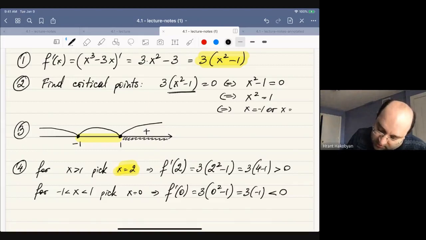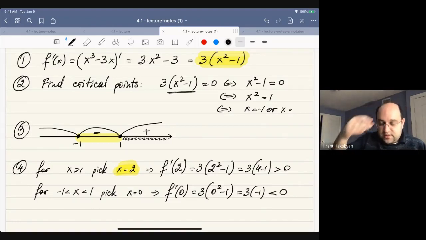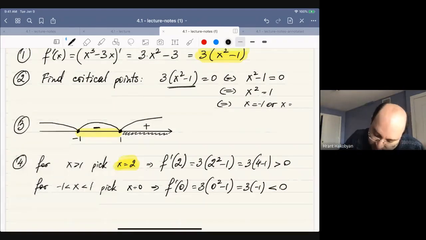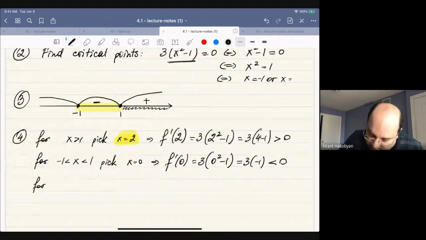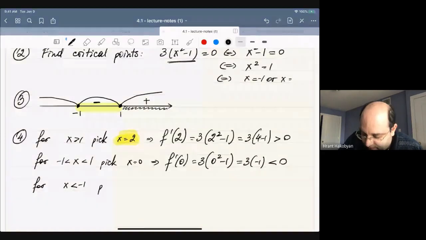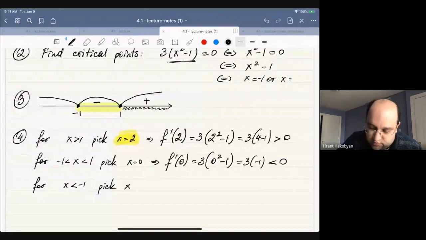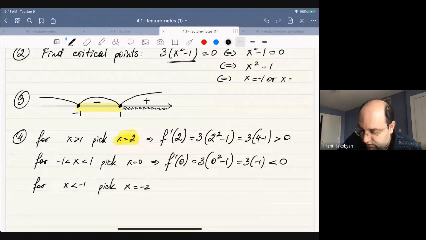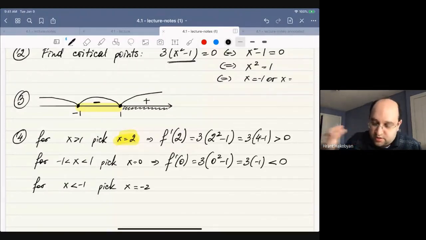So that means in here I have negative. So the function is decreasing in the interval from negative 1 to 1. And then for x less than negative 1, I'm going to pick x equals -2. Again, I can choose any other number, it's just convenient to do -2.